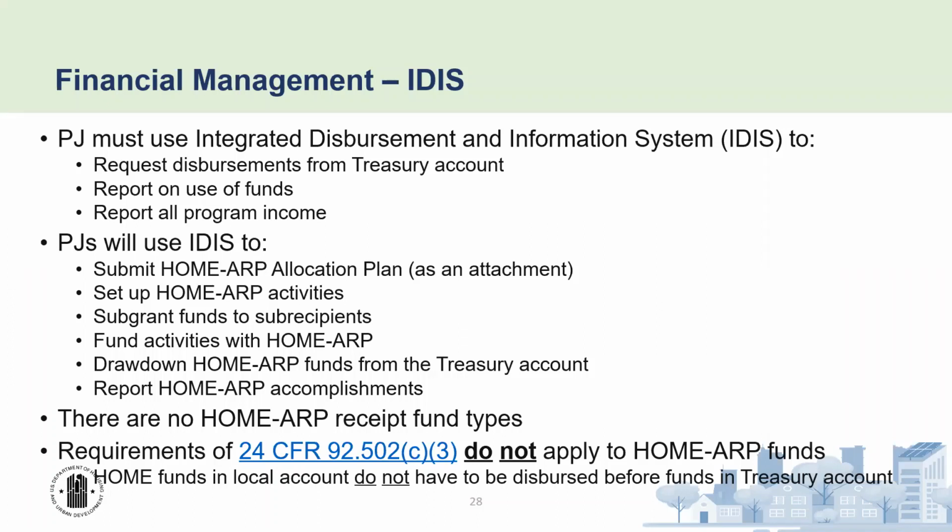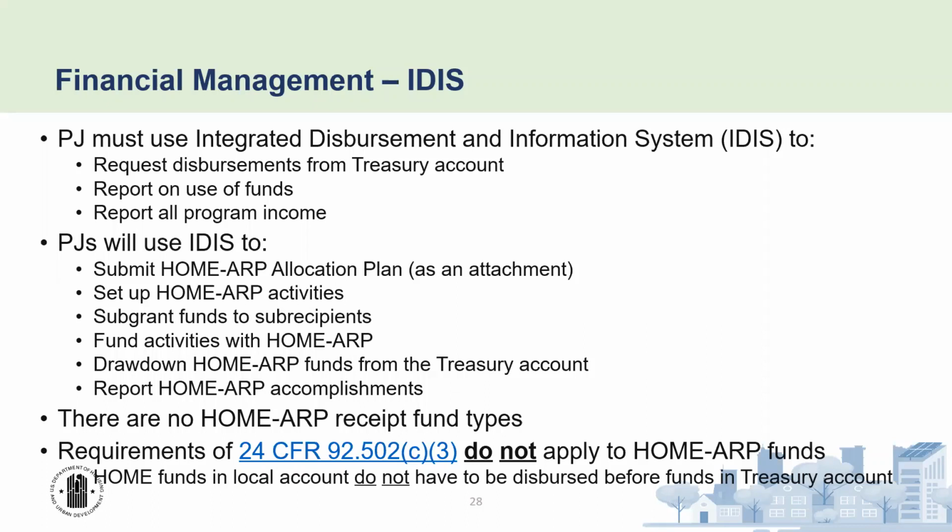There's no HP receipt fund type because there are no homebuyer activities in HOME-ARP, so there are no recaptured homebuyer funds. Finally, there is no IU receipt fund type because all HOME-ARP repayments must be made to the PJ's Treasury account, and local account repayments are not allowed in HOME-ARP.